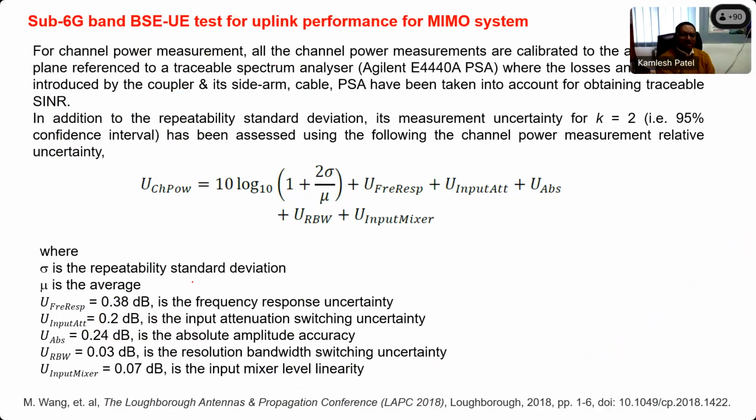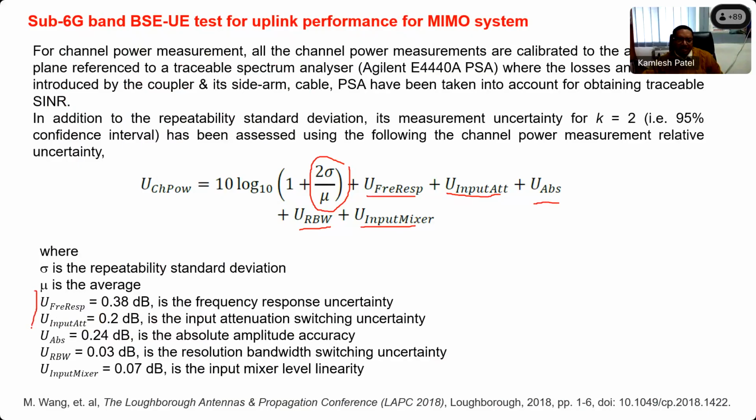To check the uncertainty value of the channel power measurement, an equation is proposed, which is a function of sigma, mu, the frequency response uncertainty, uncertainty from the input attenuator, uncertainty from the absolute measurement, uncertainty from the resolution bandwidth, and uncertainty from the mixer input.